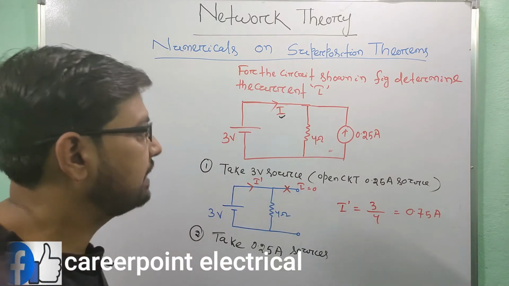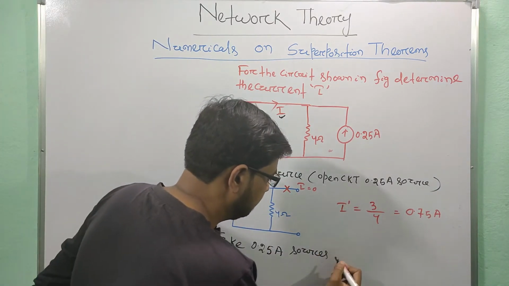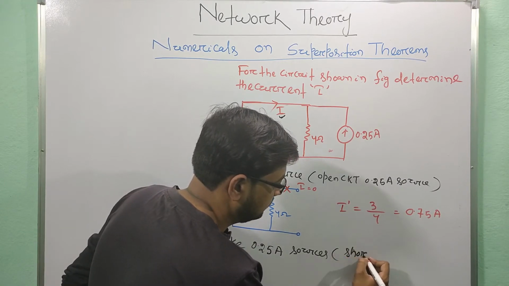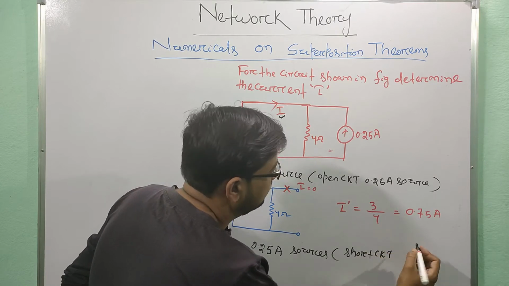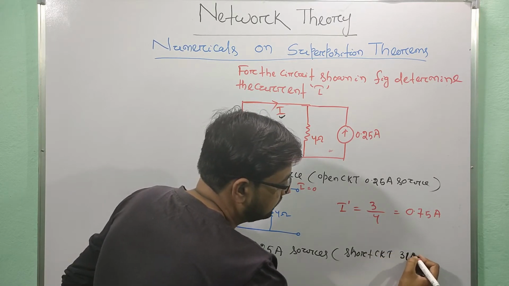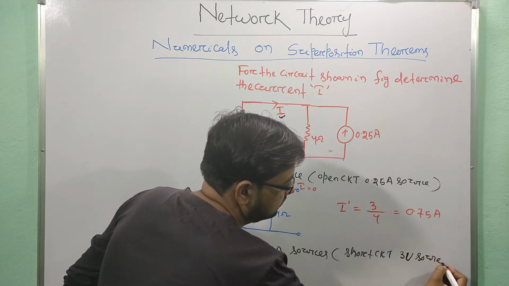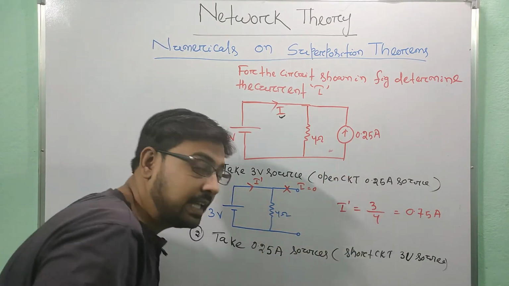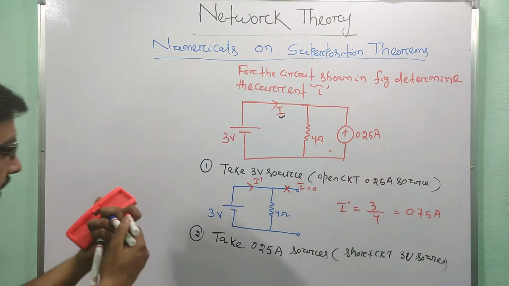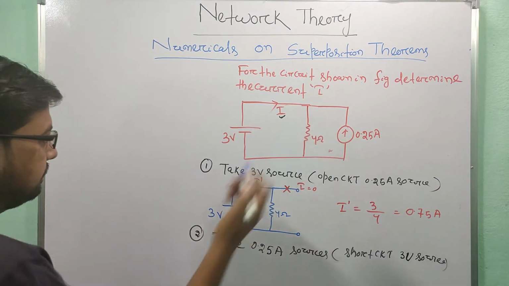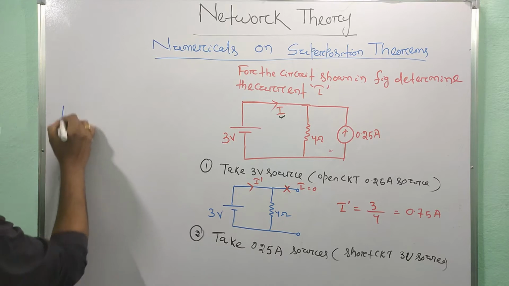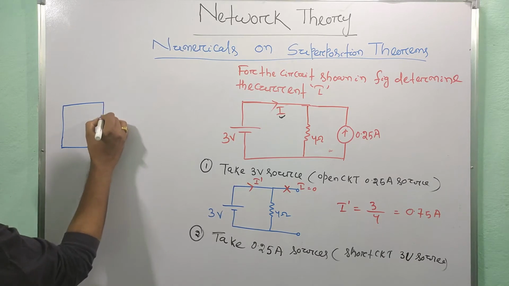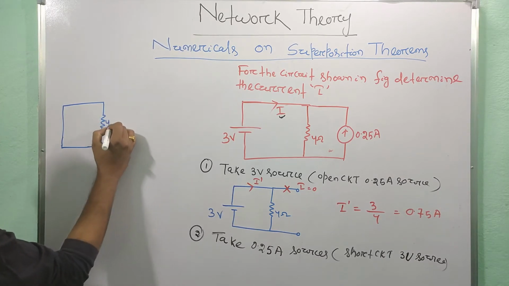If I take the 0.25 ampere source, then I will short circuit the 3 volt source. So what is my circuit? My circuit is: I short circuit the 3 volt source, and this is my 4 ohm resistor.